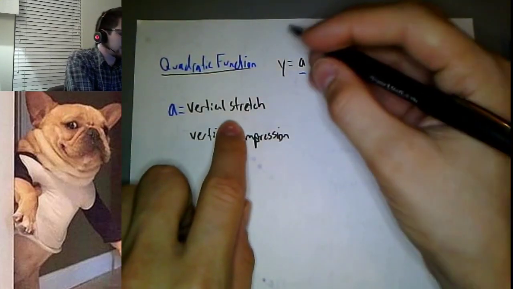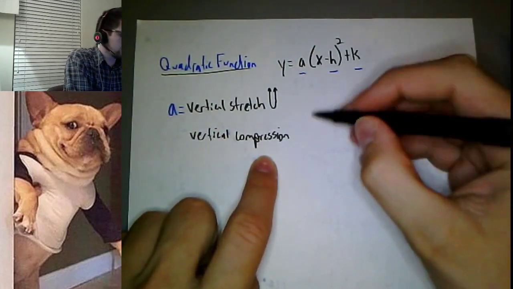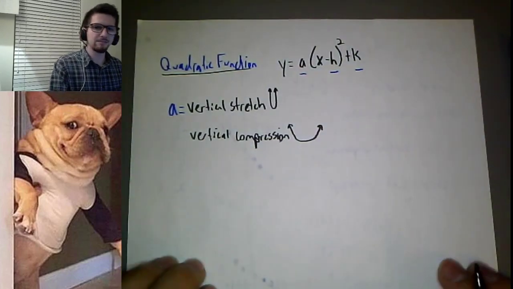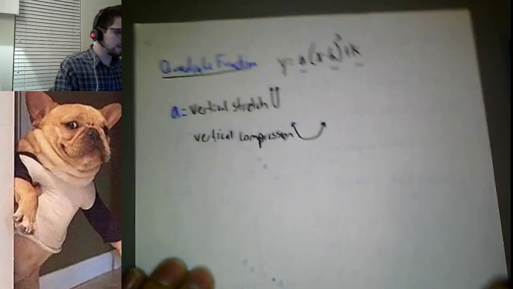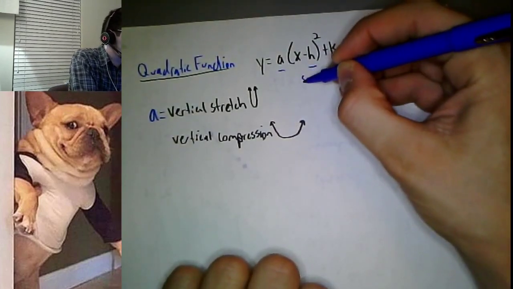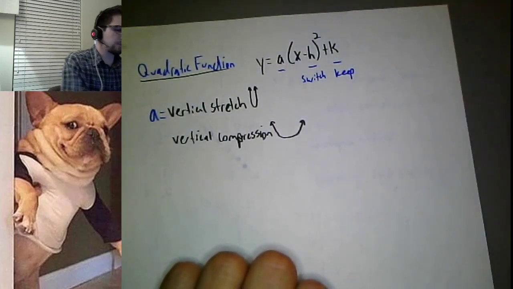If you vertically stretch a parabola, it's going to look really skinny. And if you vertically compress one, it's going to look really fat, because you're either squishing it down or stretching it out. Okay? So h and k. Remember, we switch the sign of our h and we keep the sign of our k when we write these numbers down.